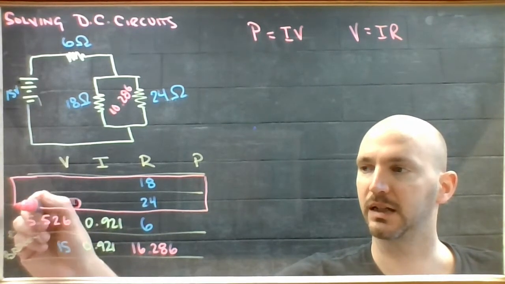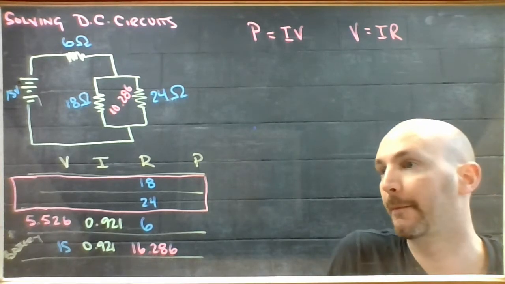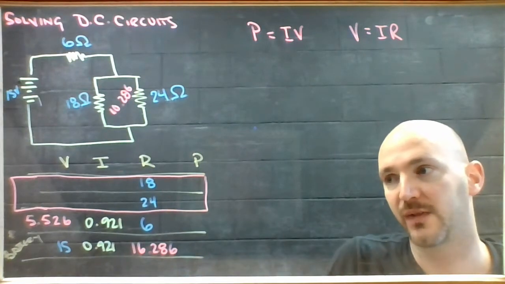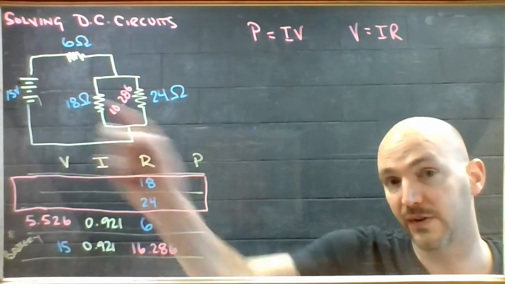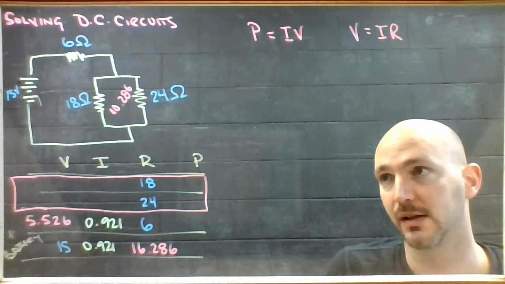Extend this box here. All right. So 5.526 of these 15 volts are going to get dropped on that particular resistor.